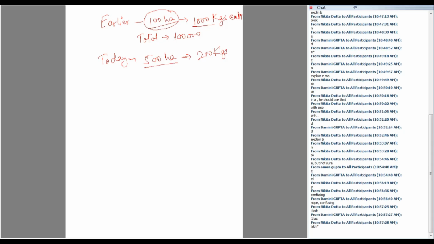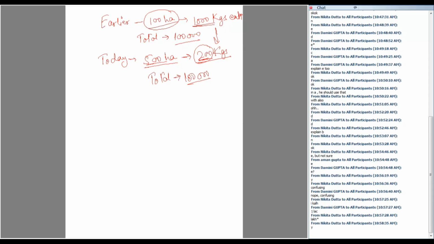Even if you keep 200, see, the total remains the same. But if you look at per unit, earlier 1 unit used to give you 1000 kgs, now 1 unit is giving you 200 kgs. So per unit it has decreased, yes or no? Even though the total production has remained the same.